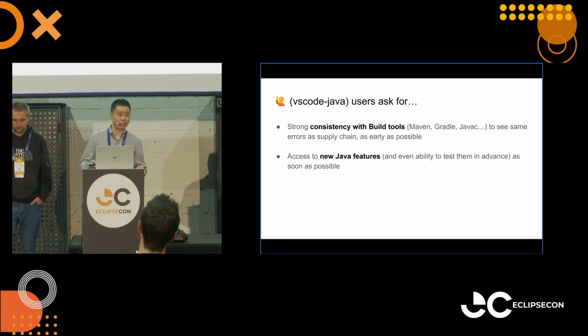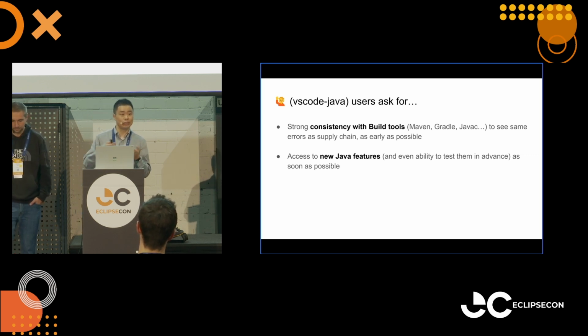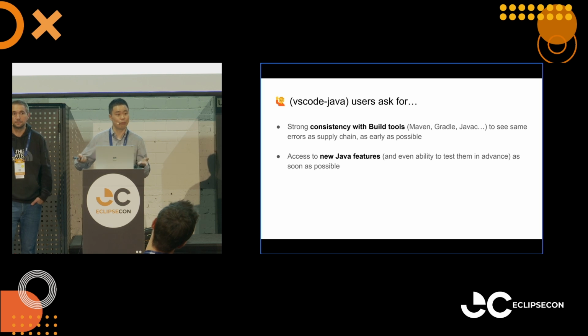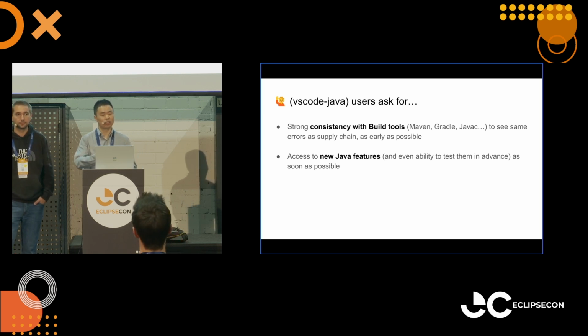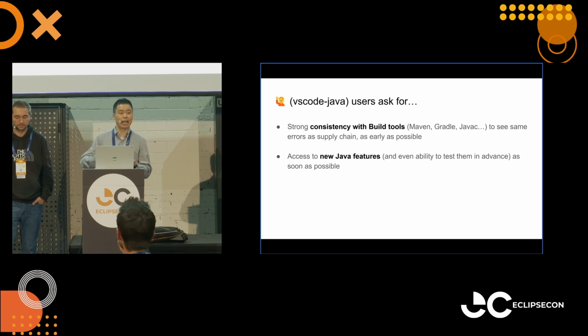But in reality, we observe some discrepancies between the JDT-based tooling and the local build tools, because the JDT-based tooling uses ECJ as the compiler, but the build tools by default use Javac. These two compilers have different behavior in some scenarios. This brings a challenge for us to find a way to mitigate the gaps between the IDE tooling and the build tools.